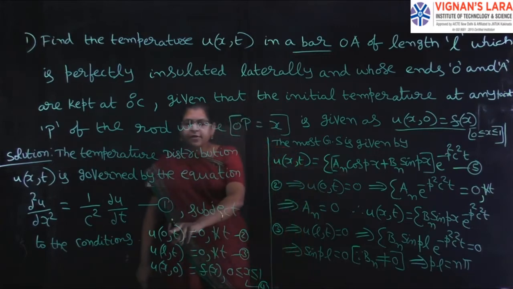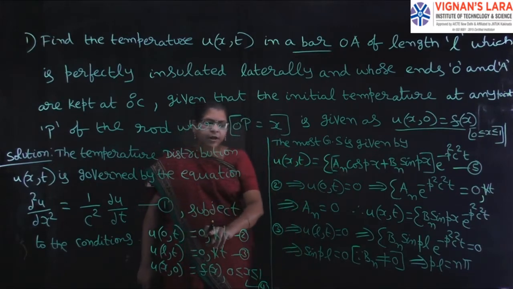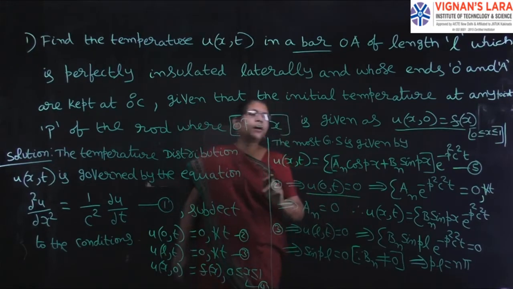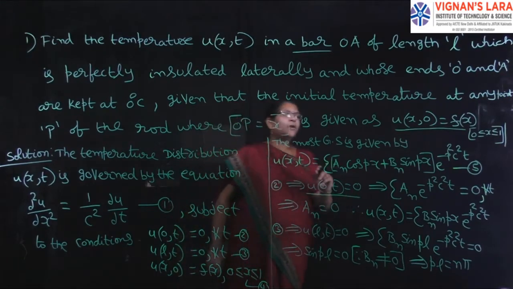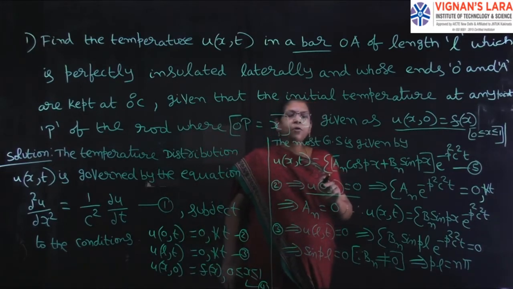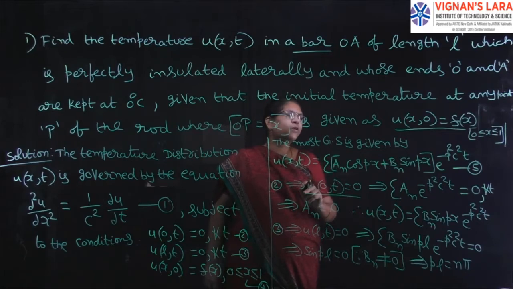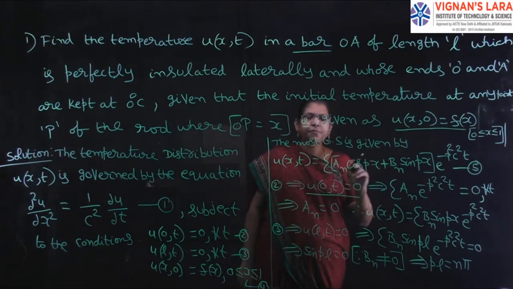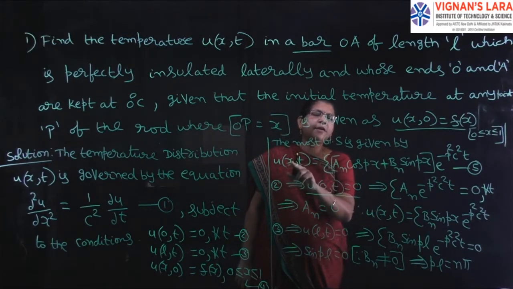What is condition number 2? u(0, t) = 0 for all t. That means in equation number 5, you have to take x = 0.